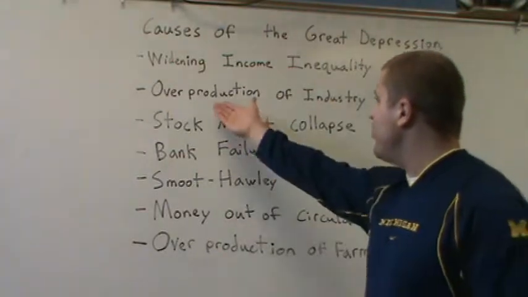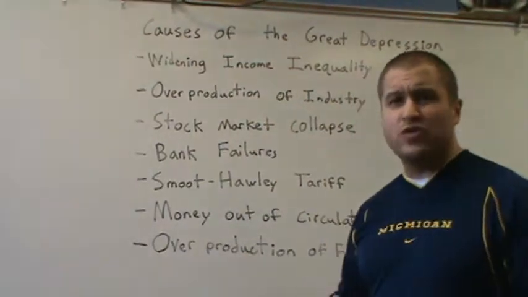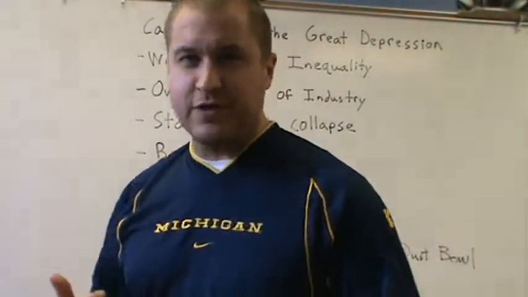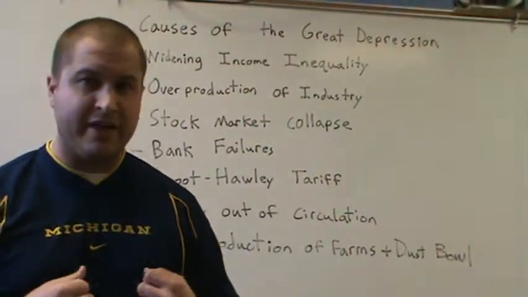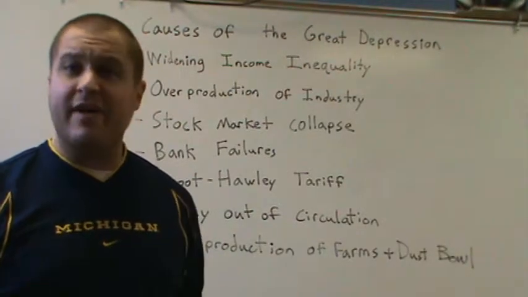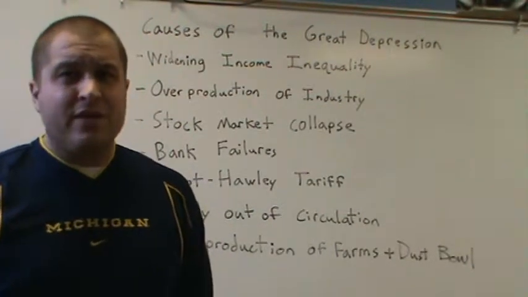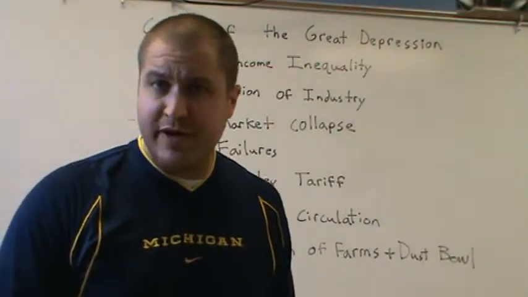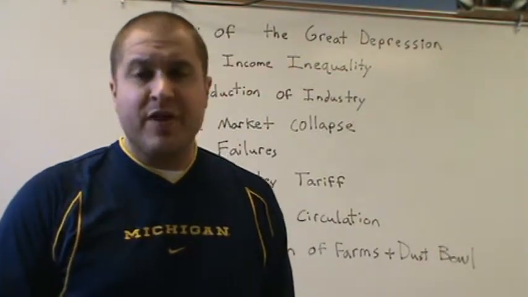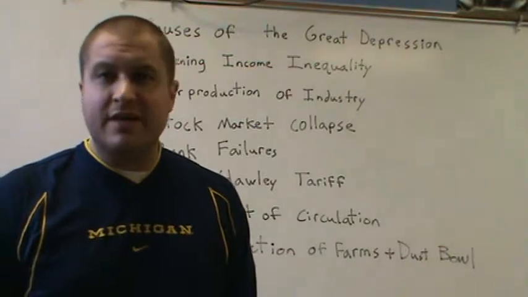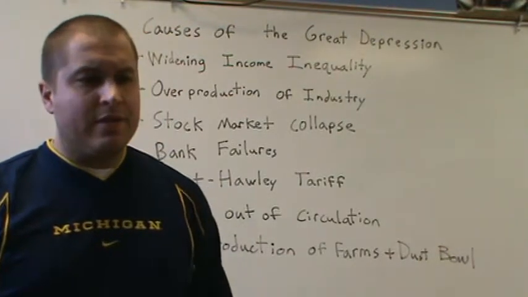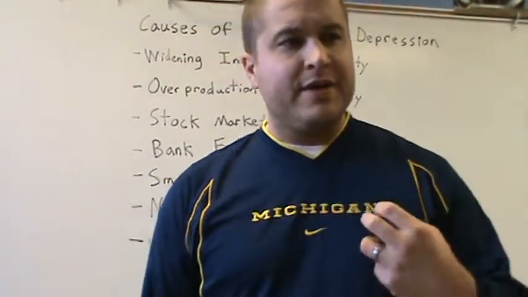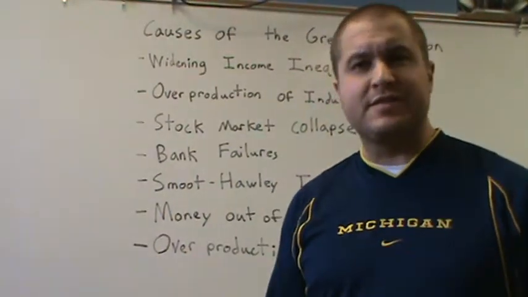A second thing is overproduction of industry. The 1920s was a boom time. The Calvin Coolidge era was known for being a great economic time. But at the same time, you do see this overproduction, and you do see some cracks in the economy forming in the early 20s before the Great Depression sets in. Companies were producing more than they could sell, and more than we could sell to the rest of the world.